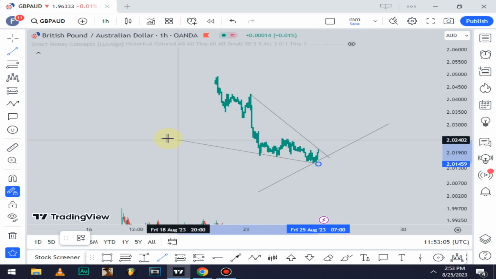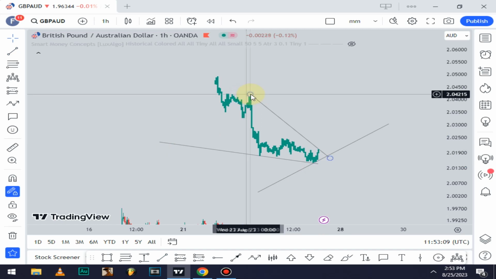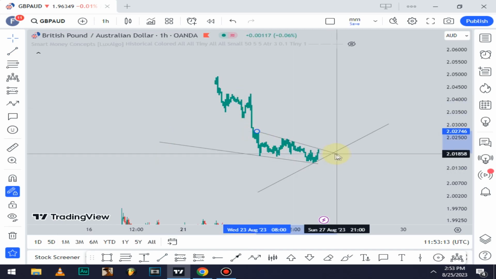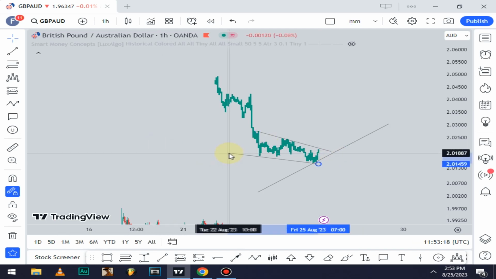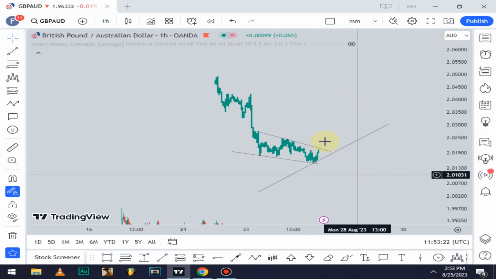That's another type. Rather, you can use the immediate zones just like that. You can see how price is approaching that support.